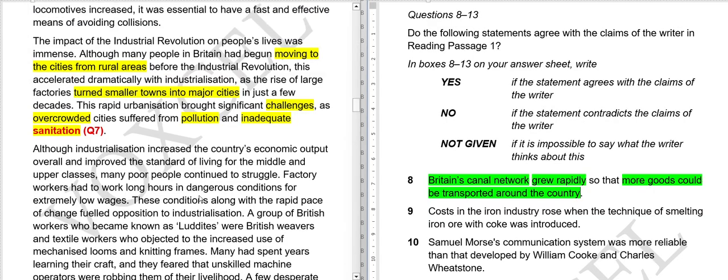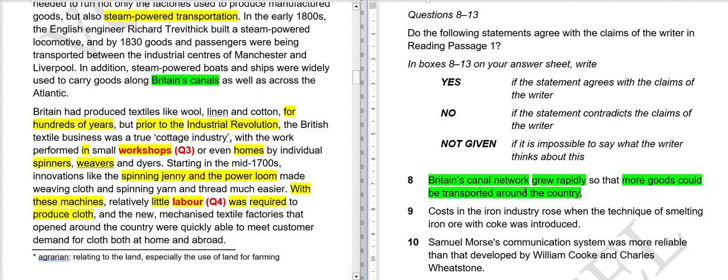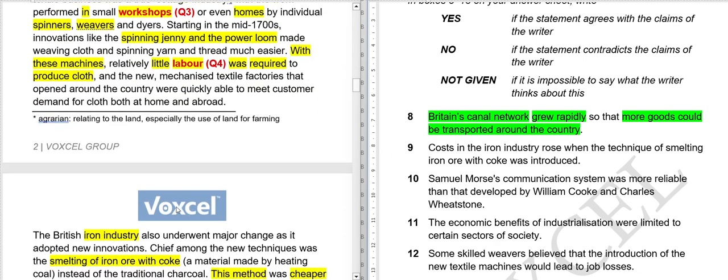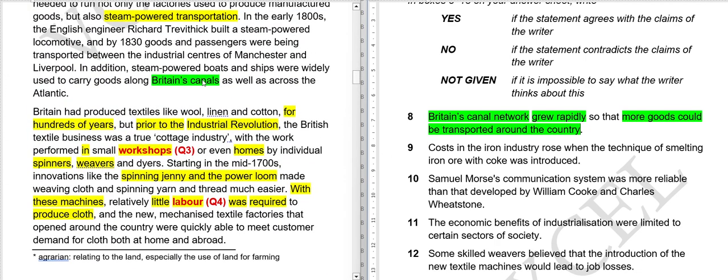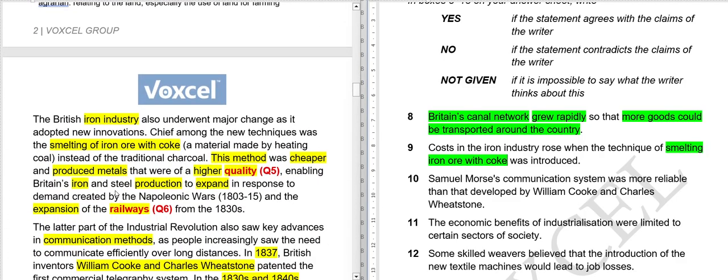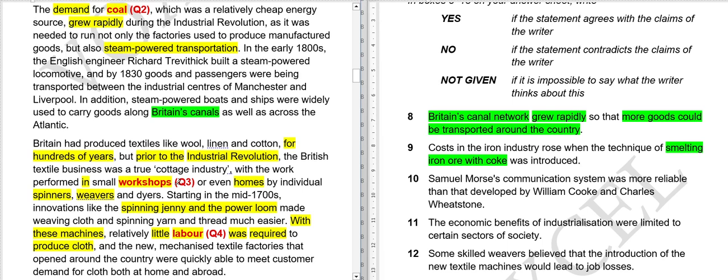So before reading this, I will read the next question, and if the next question is somewhere here, I will know that this answer is in this particular sentence. Let's see. Cost in the iron industry rose when the technique of smelting iron ore with coke was introduced. So we have read here, smelting iron ore with coke. So we know our answer should be here.